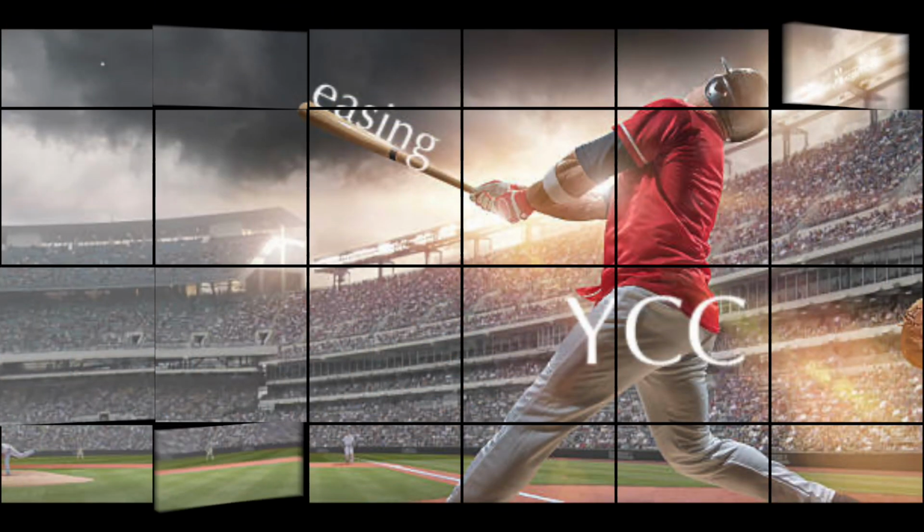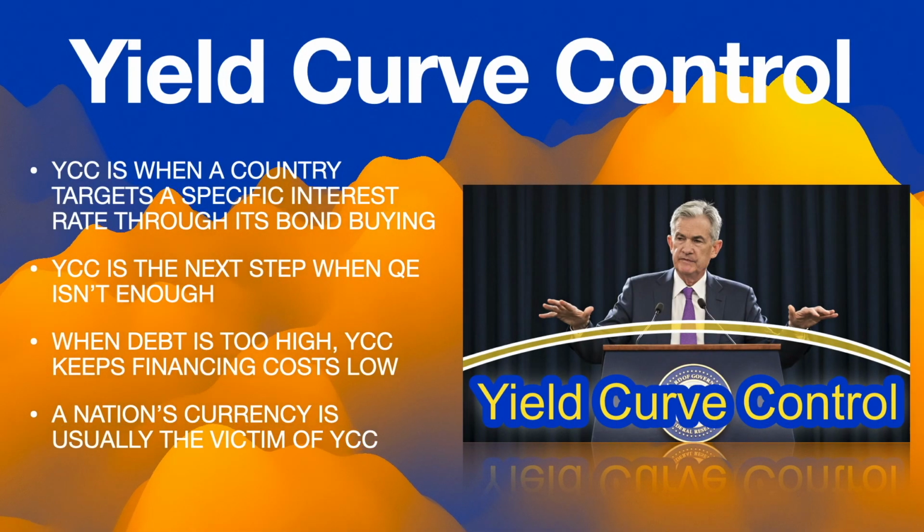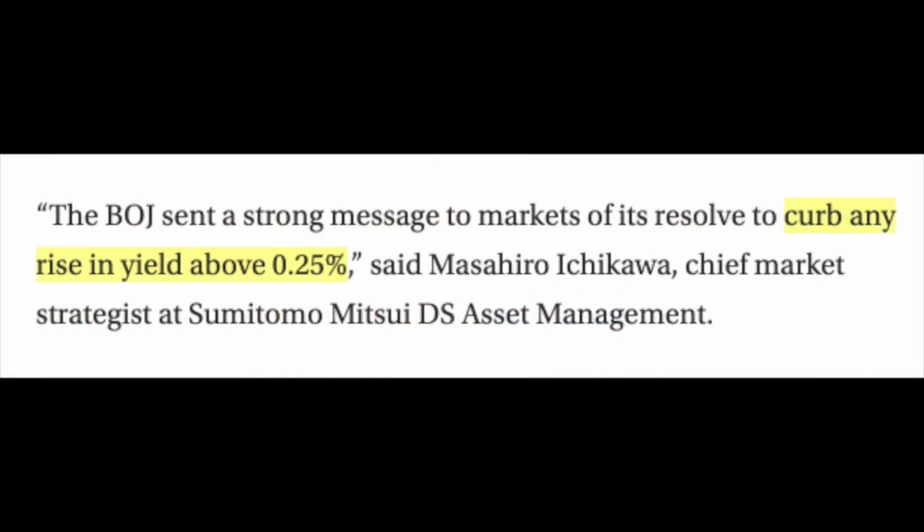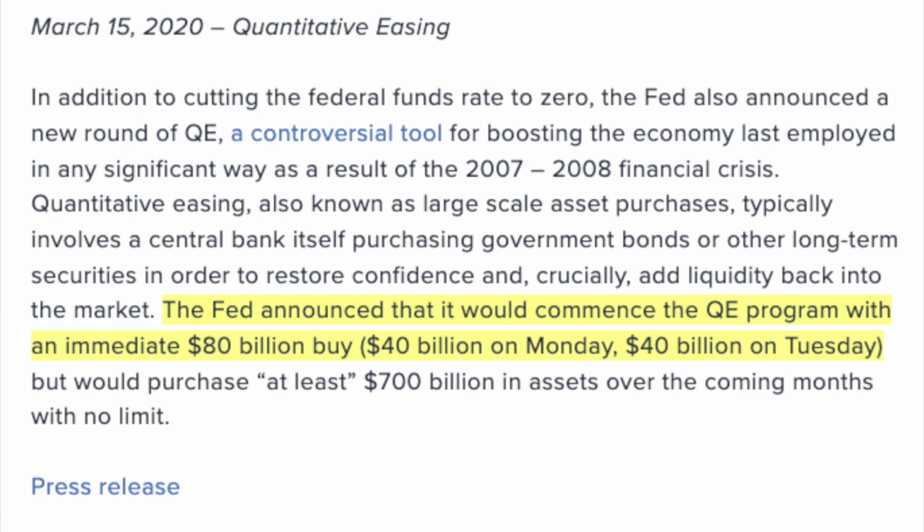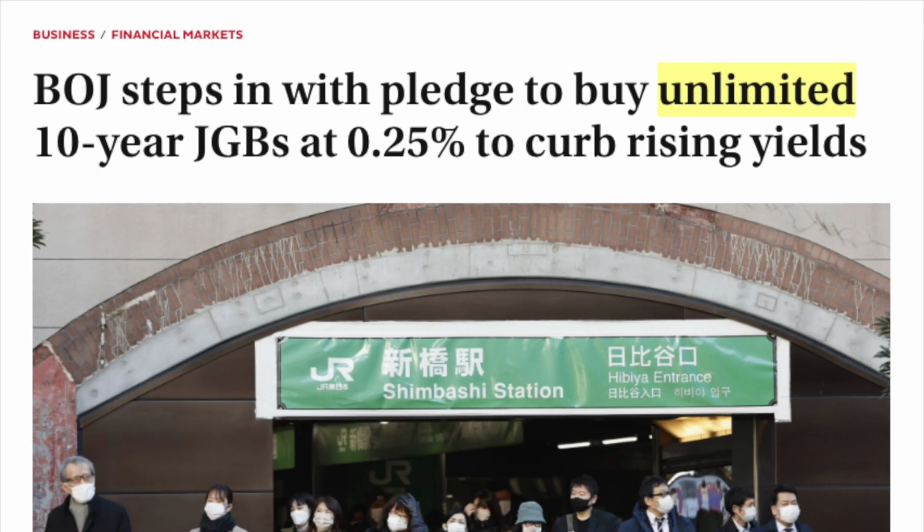The key difference between yield curve control and QE is yield curve control commits to a specific interest rate, not a predetermined amount of bond purchases, meaning yield curve control can theoretically lead to an infinite amount of bond buying.